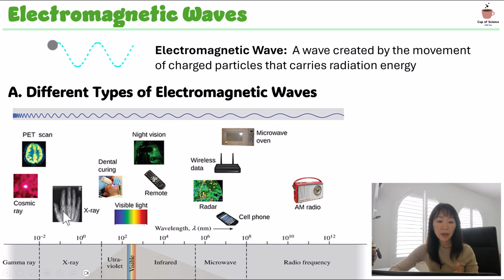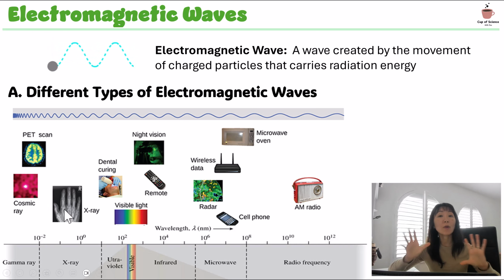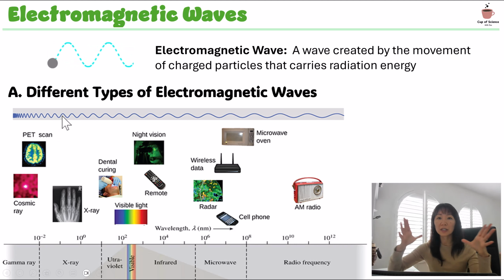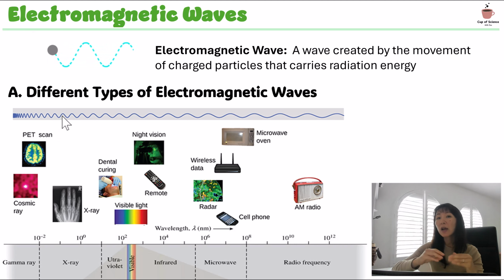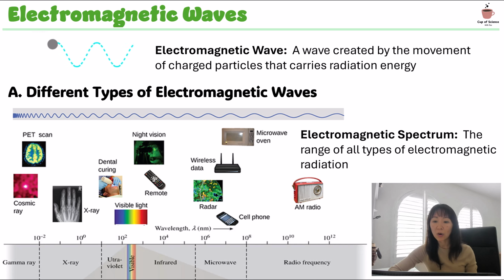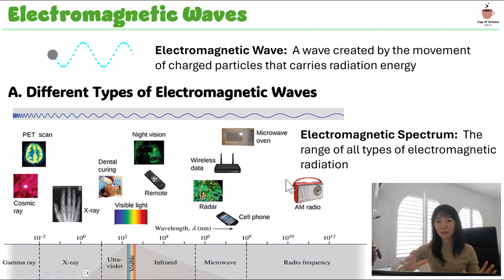Whereas here, these are more harmful waves, like X-rays. And then it gets shorter, and the shorter the wave is, the more harmful that wave can be. This entire spectrum is called the electromagnetic spectrum, and it ranges over all types of electromagnetic radiation in a line format.